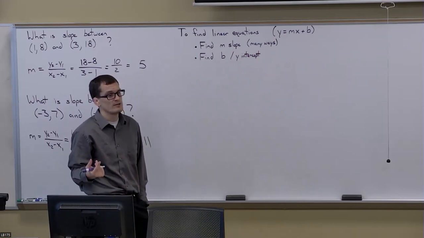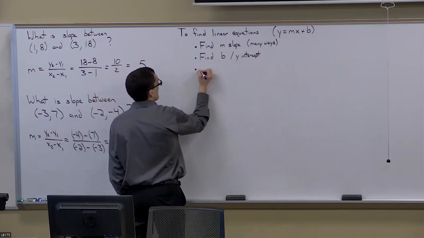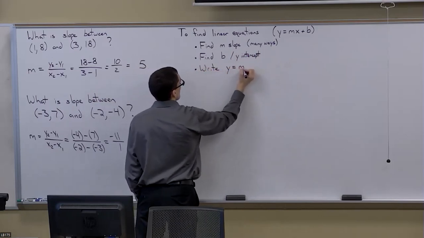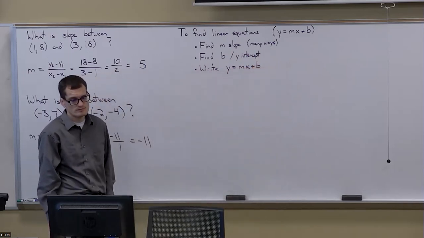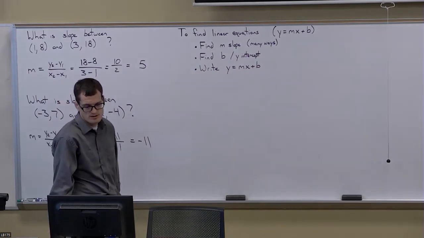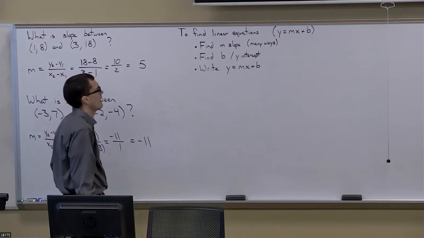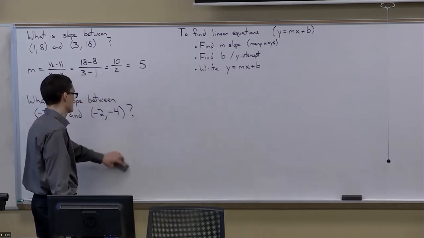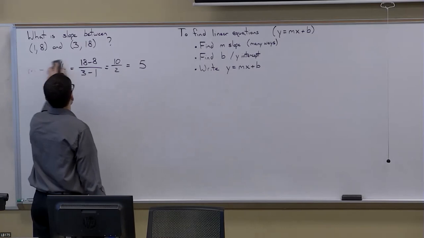Once you've found your m and your b, then you can just write the equation. All right. Does that make sense? Let's start with an easy version.